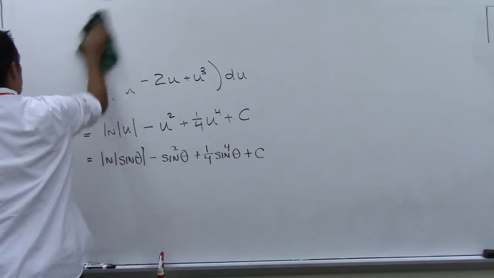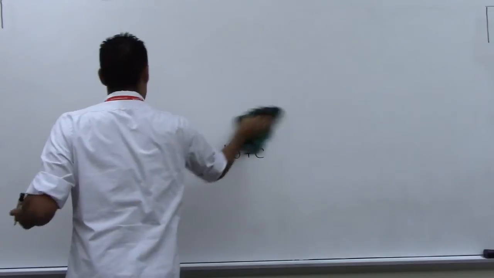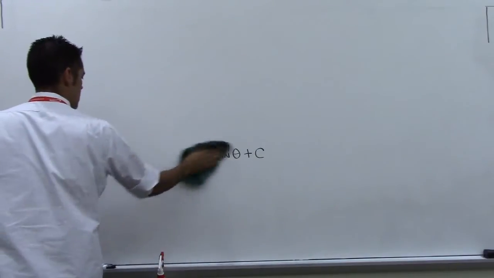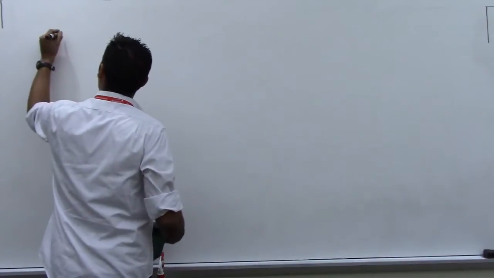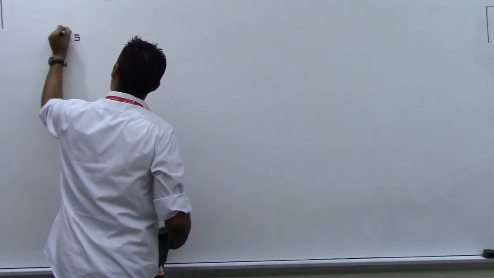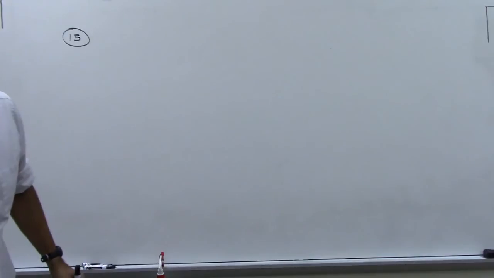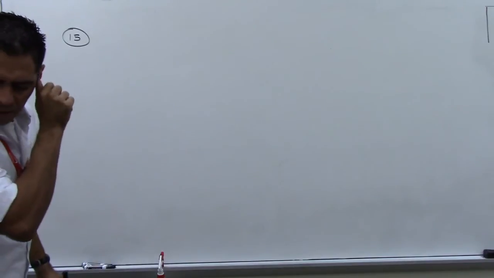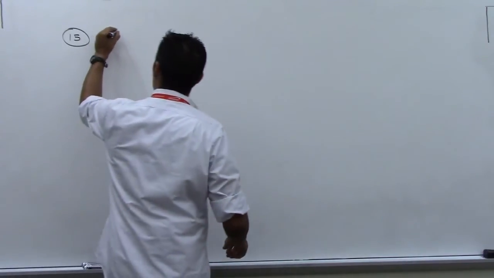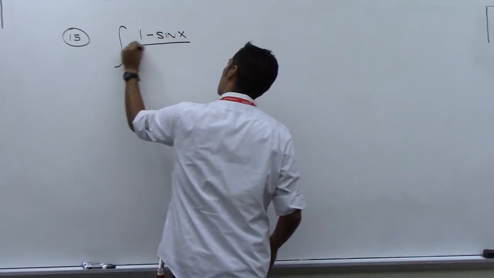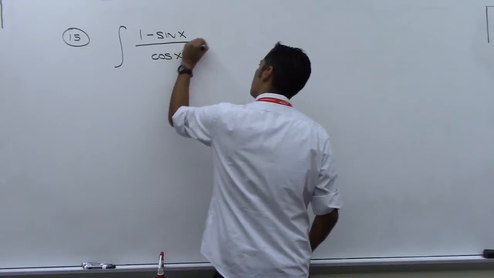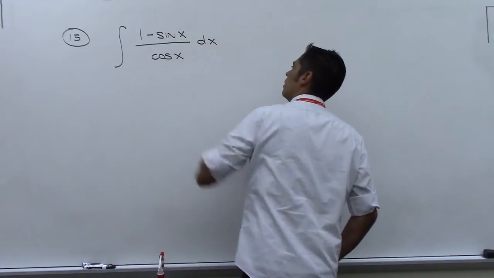Let's move on to number 15. All right, so 15, 1 minus sine x over cosine x dx.